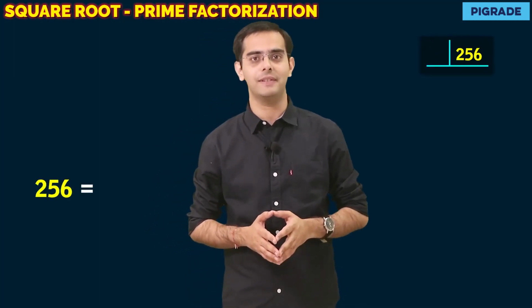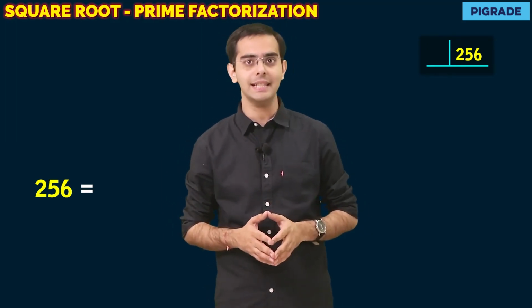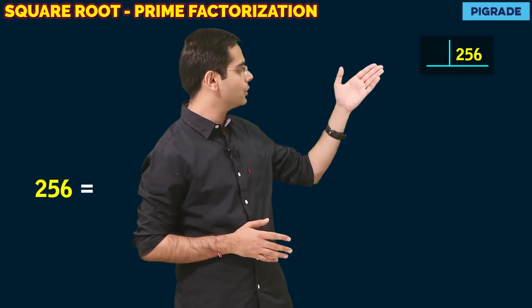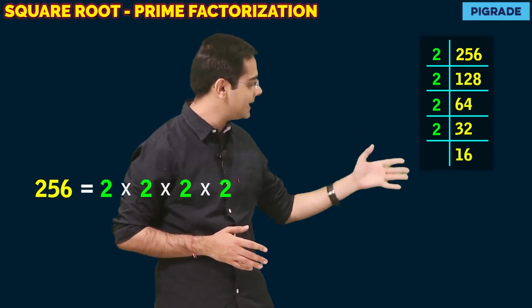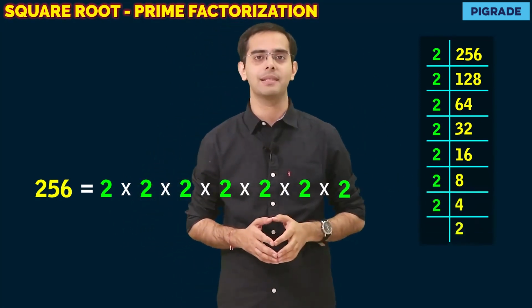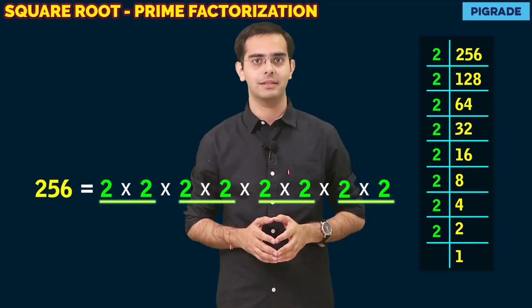Let's apply the same steps. So the first step will be to prime factorize 256. And the prime factorization of 256 is equal to 2 multiplied by 2, and this keeps on going till 8 times. Now we'll pair the prime factors.